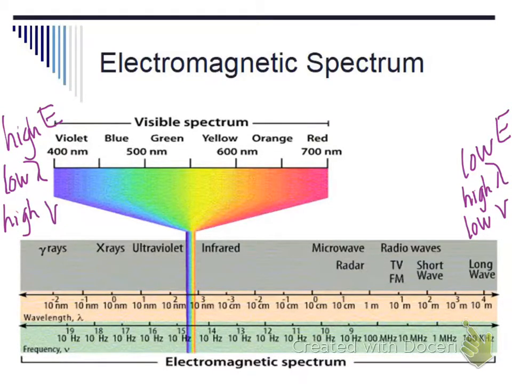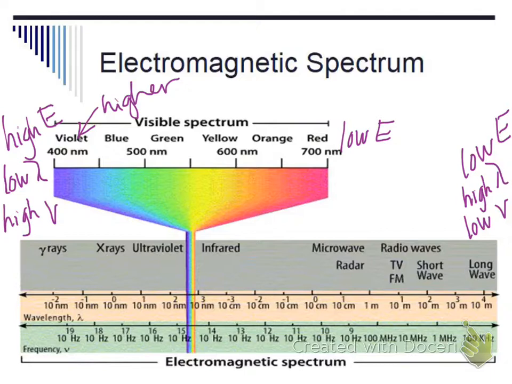Remember, that makes sense because energy and wavelength and frequency are inversely proportional. So red is going to be the lowest energy, and violet is your higher energy of the visible.